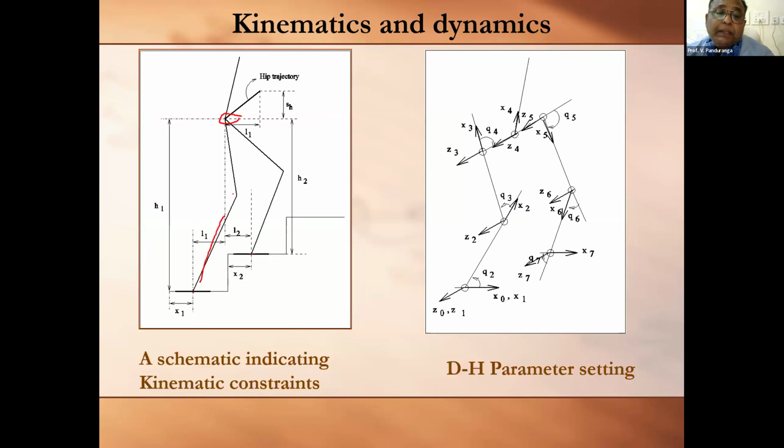The included angles made by these two legs are going to make a relationship with this hip, that is the distance, the length, and this one. This is the length L1 and the height of the hip joint from this swing foot. Similarly, the length L2 and the height H2 of the hip joint of the support. So with this, we will be able to achieve the gait by following inverse kinematics.